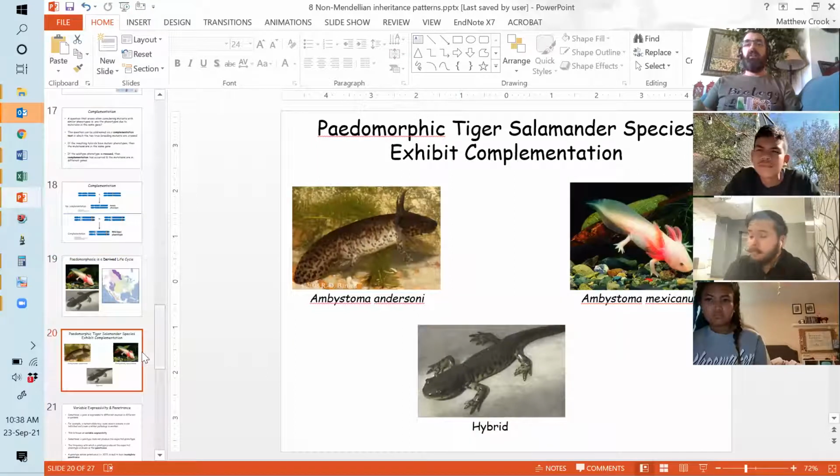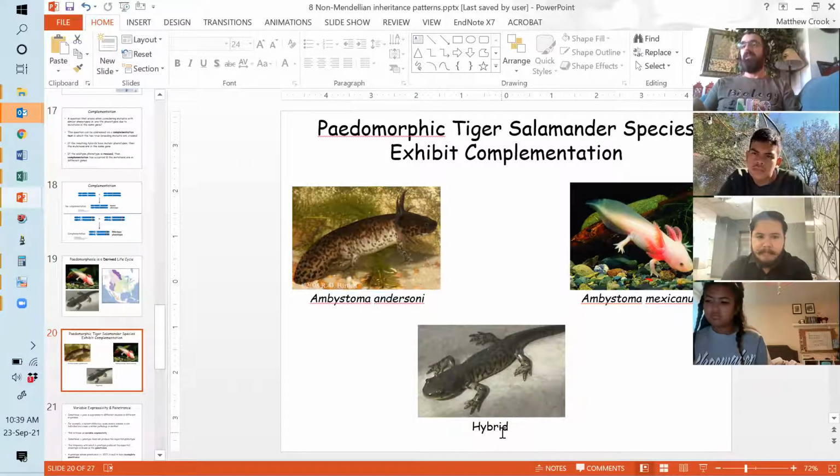So when you cross these different types of axolotls, it's called a tiger salamander, right? Essentially, what you're asking is, are the mutations that cause this phenotype in the same gene or not? And so when you cross them together, you end up with the wild type phenotype, which is a normal non-juvenile adult, right?